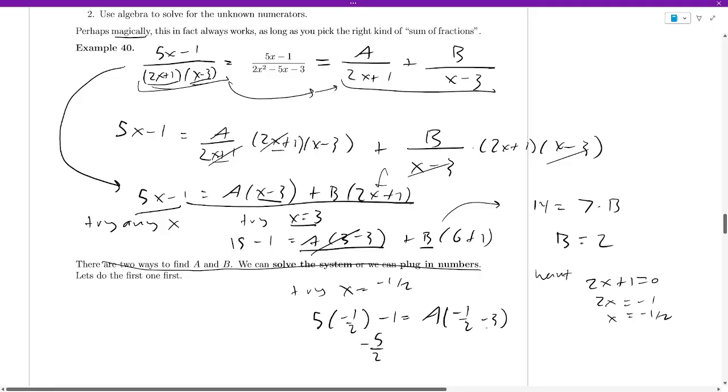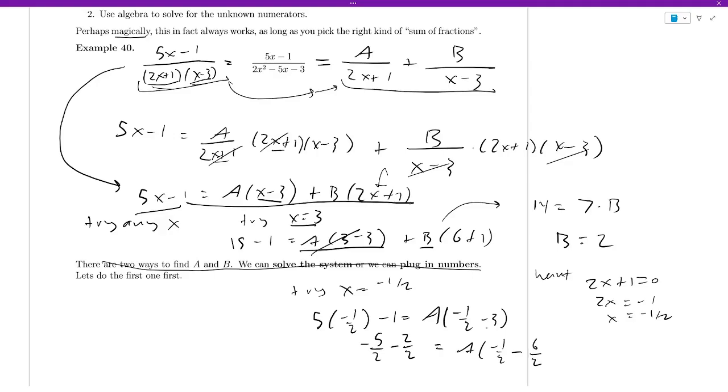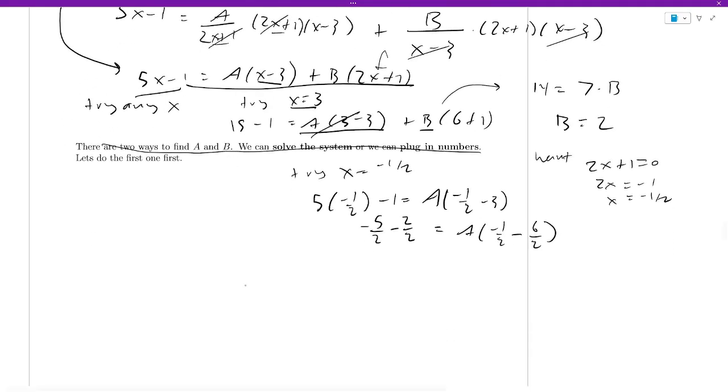This is negative 5/2. I'm going to write this as 2/2 to make that algebra a little bit easier. And then this is negative 1/2 minus, so 3 is 6/2, right? So this is negative 7/2, and this is a times negative 1 minus 6, negative 7/2. So a actually has to be 1 here.